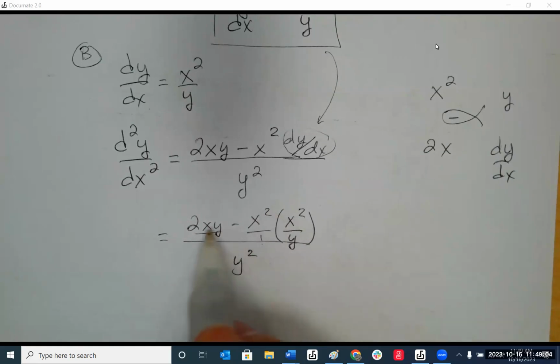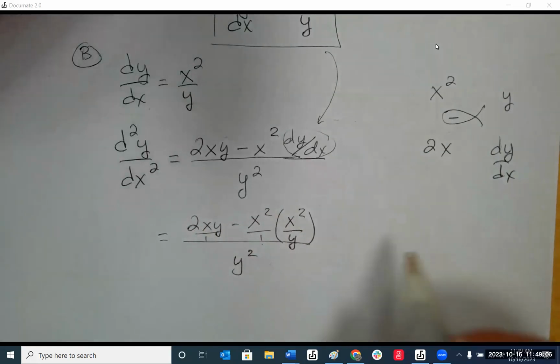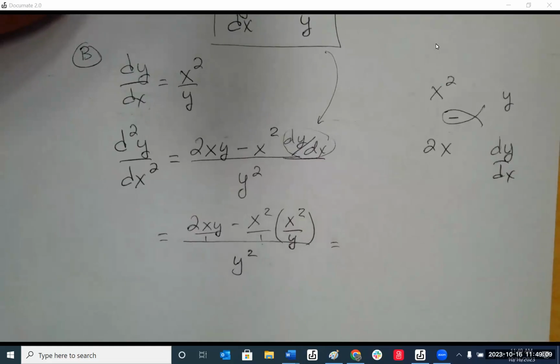So put the x squared over 1 and 2xy over 1, because we need to get common denominators.